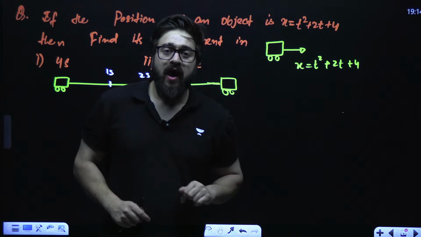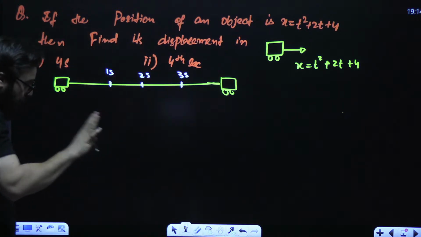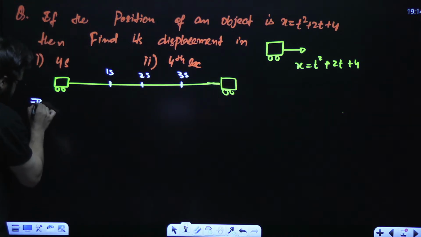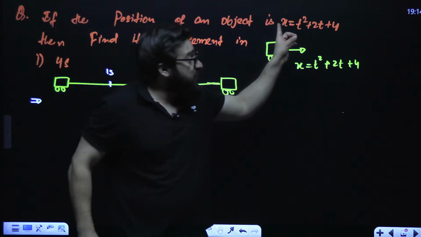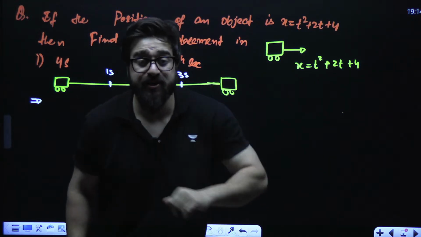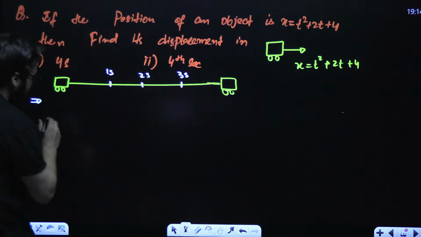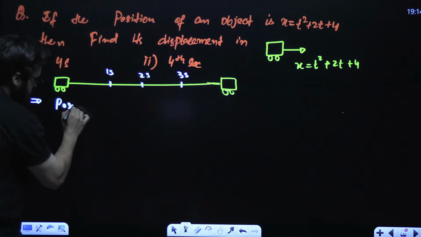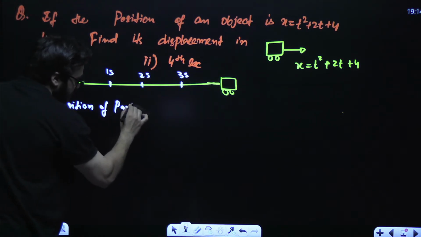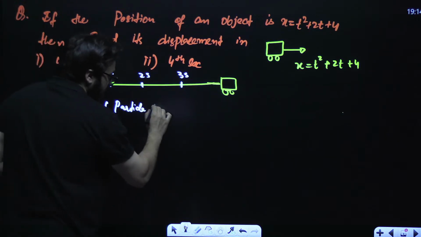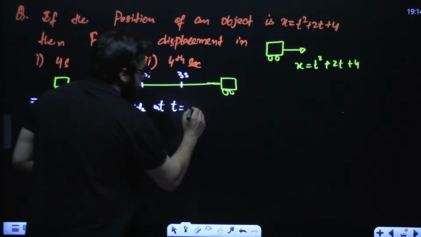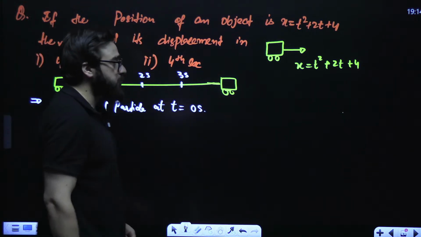Guys, see, how do we find the displacement? Listen to me very carefully. If the position-time relation is given and you are supposed to find the displacement, first we find the position of a particle at t = 0 seconds.